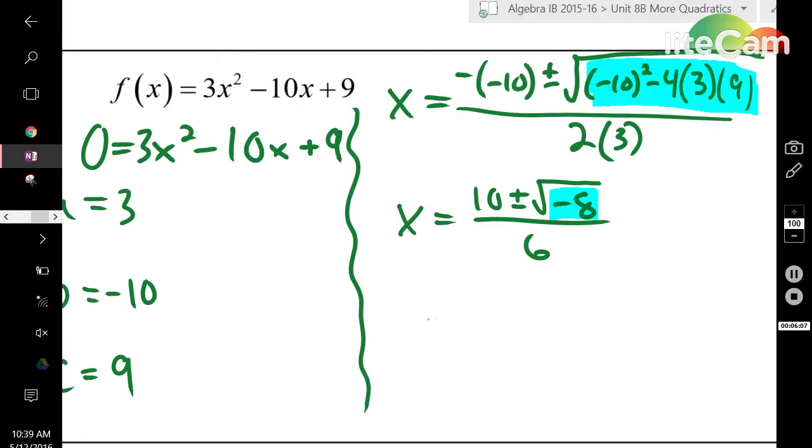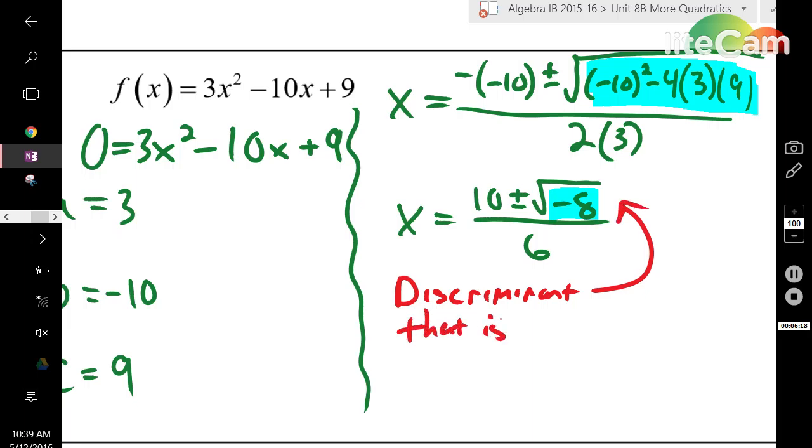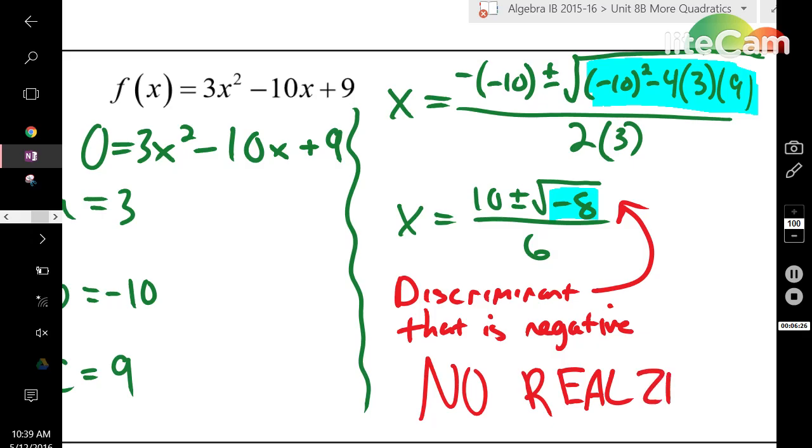So therefore, when you have the discriminant that is negative, you're going to say no real zeros, because there are no real zeros.